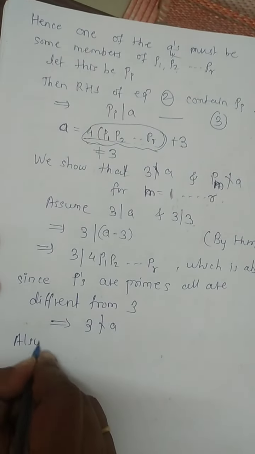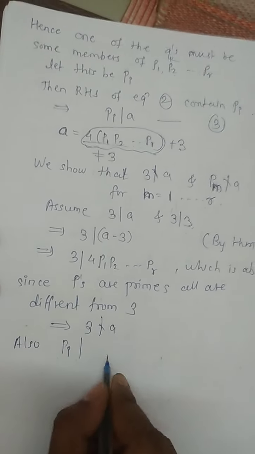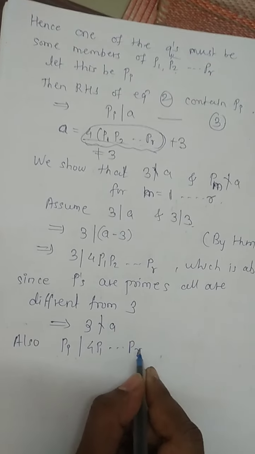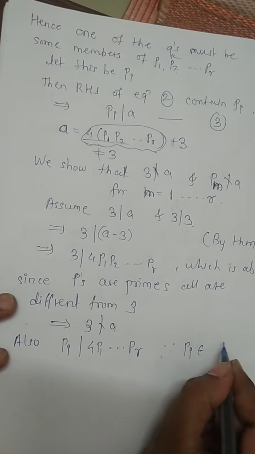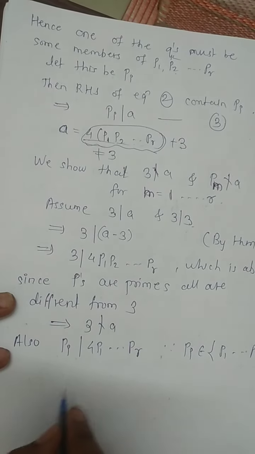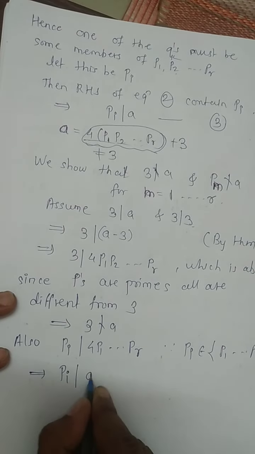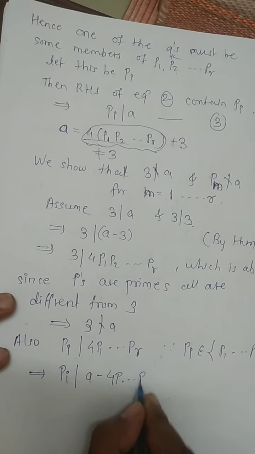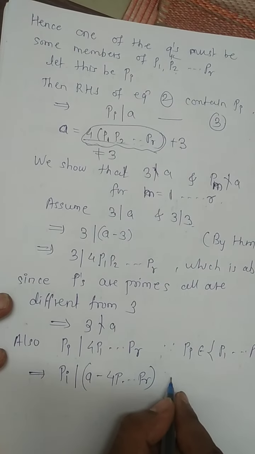Also pi divides 4 into p1 up to pr, since pi belongs to p1 up to pr, all are primes. So this implies pi divides A minus 4 p1 up to pr, again by theorem 2.